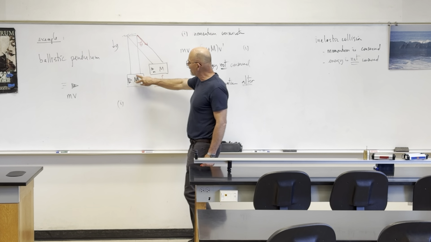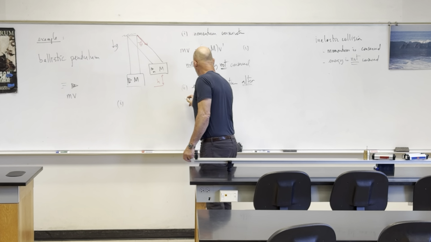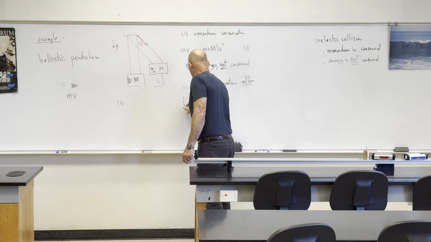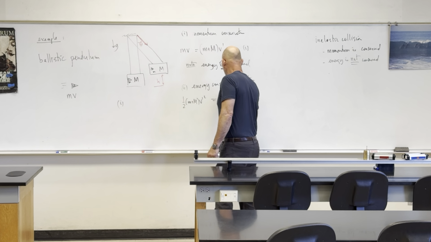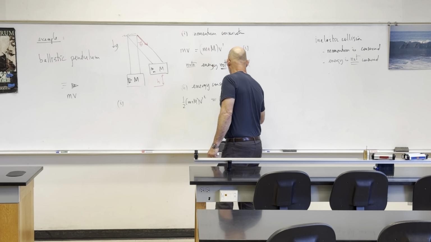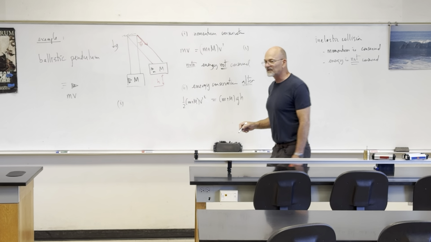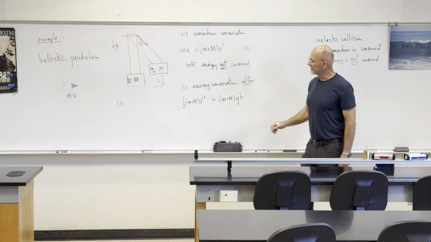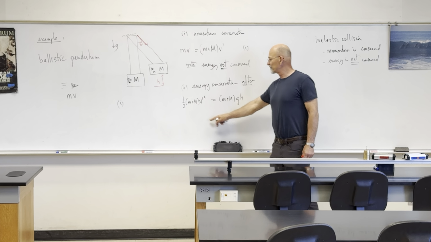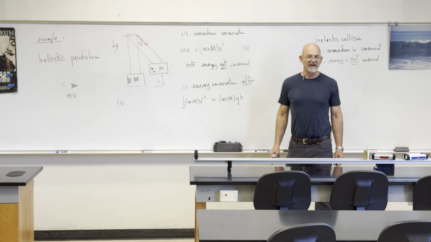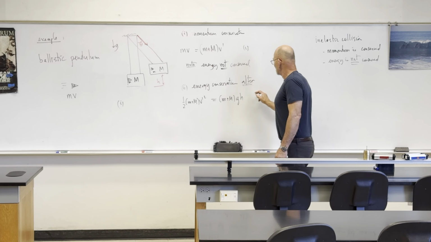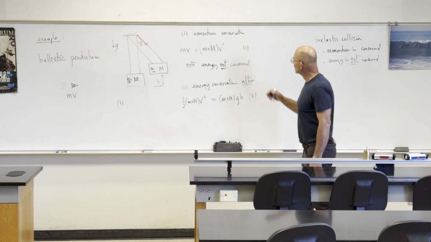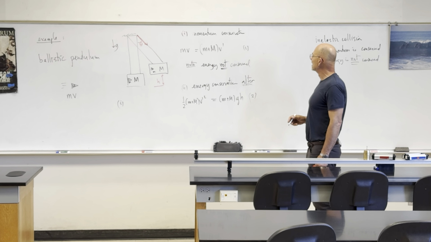This thing is now moving and it's gonna move up the hill, and then we just do the standard 1/2 total mass v prime squared is equal to total mass gh. You guys are used to doing this, right? We took the kinetic energy and set it equal to the final potential energy. That's when it's up the hill. Okay, so the separation of those two processes is key.